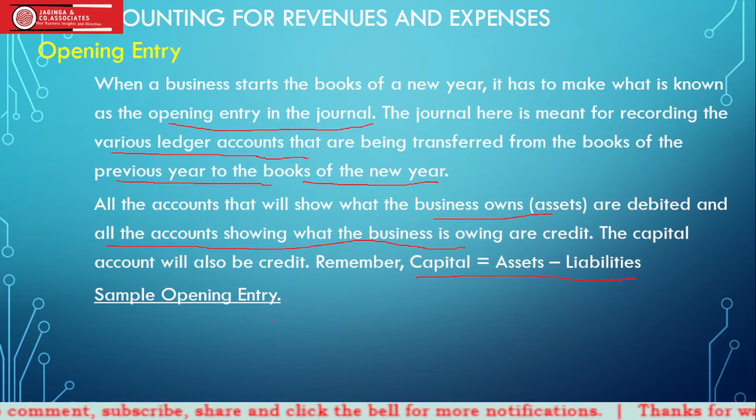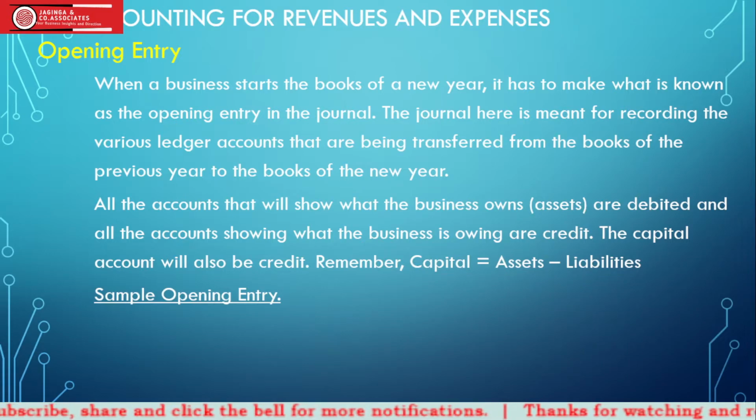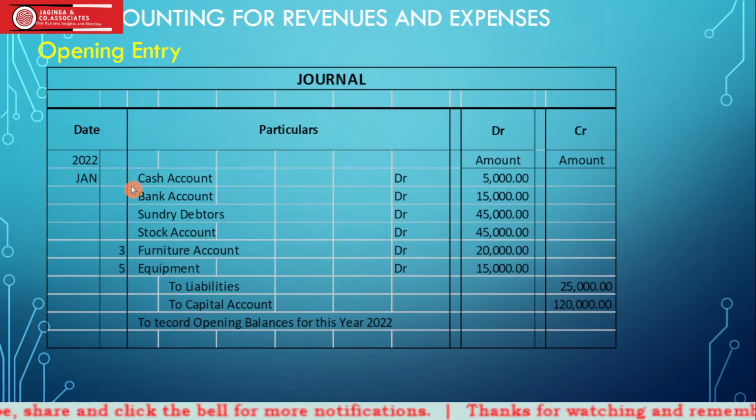So down here we have a sample of an opening entry. Here we have date, we have particulars, we have just a normal journal format with debit and credit sides. I think I did not mention the dates here correctly, but forget about the dates.